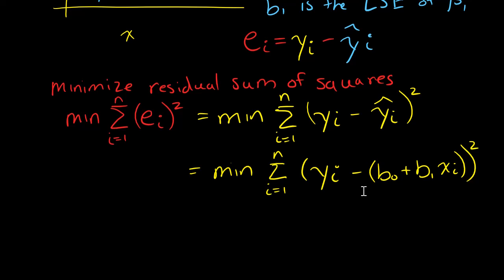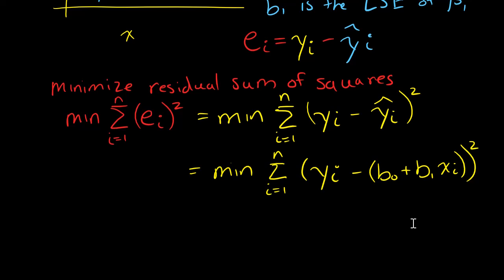Okay, to minimize this equation, what I need to do is I need to basically find the partial derivative with respect to b0 and with respect to b1, and set it equal to 0, right? That's how you find the minimum. You're going to find the derivative and set it equal to 0.